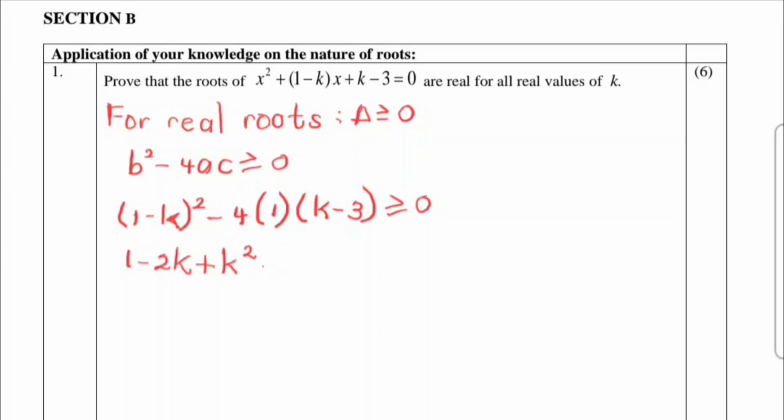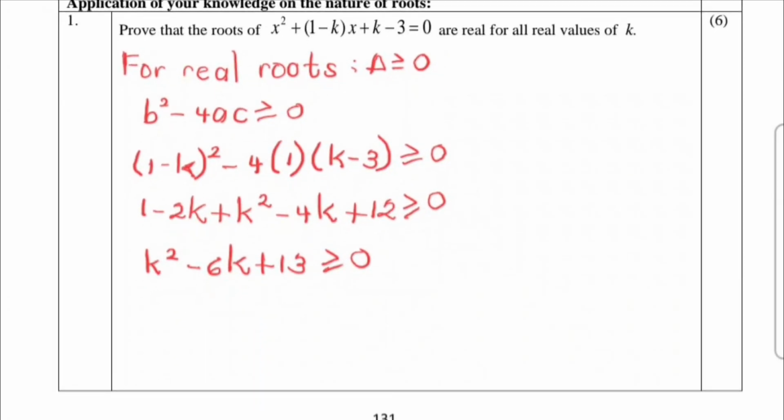We're going to multiply it by k to get negative 4k. Negative 4 times negative 3 is going to be positive 12. Let's gather like terms. We end up with k squared. We've got minus 2k minus 4k, which is minus 6k. We've got 1 plus 12, which gives us 13. And that's greater than or equal to 0.